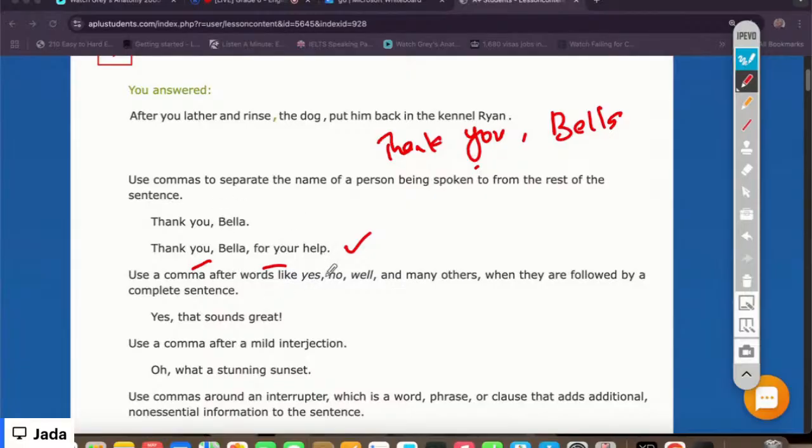Use commas after words like yes, no, well, and many others when they are followed by a complete sentence. So, as long as you are followed by another sentence, you have to make sure that you add the comma. So, let's say yes, comma, I am coming. Okay, so that's like a full sentence.